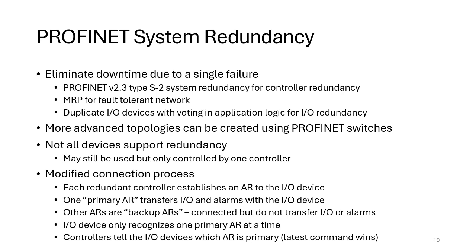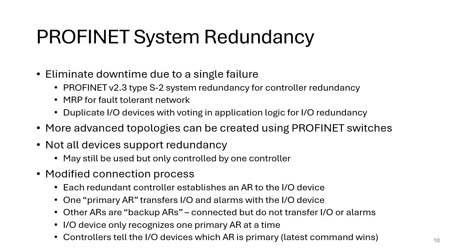Now, a key point with PROFINET system redundancy is S2 system redundancy and R2 system redundancy are not implemented by every device. It's still possible to use a simplex device on a controller redundancy system, but what will happen is the I/O device will only be controlled by one controller.